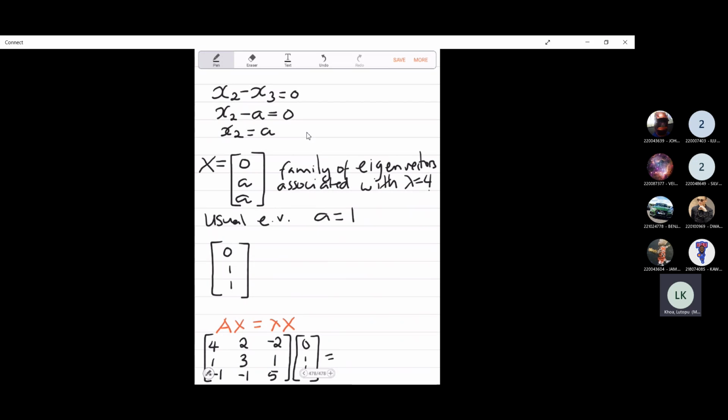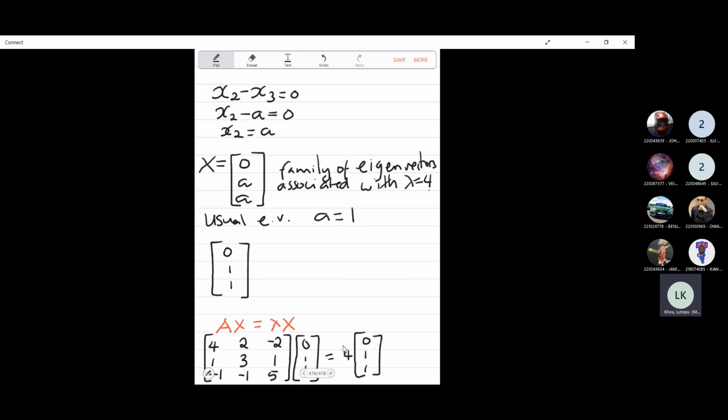This will be the same as 4 multiplied by 0, 1, 1. Okay, and here, as long as you pick any A that is a real number, you can make this 2 and 2, 2 and 2 over there. You will see that it satisfies this equation.